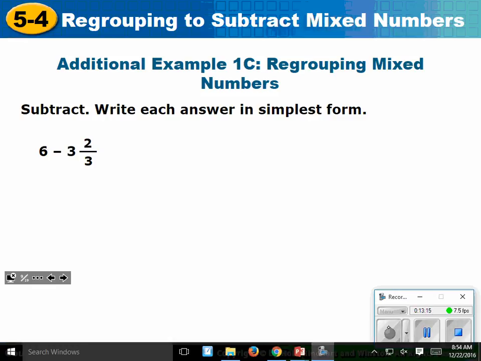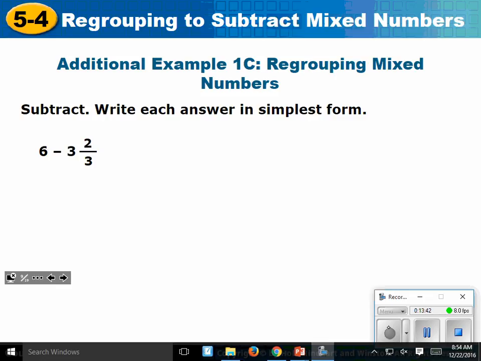Why can I choose 10/10 or 3/3 or 140 over 140? Why do I get to pick? They all equal 1. As long as the top number and the bottom number, the numerator and the denominator, are the same, they all equal 1.